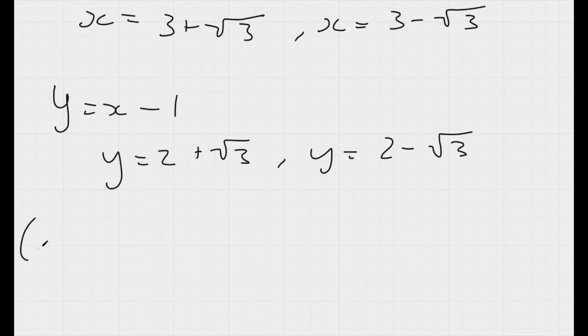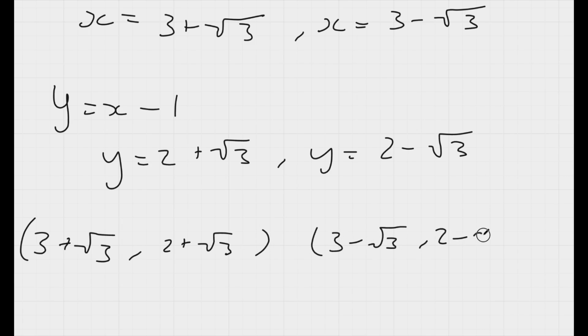And that gives the final coordinates as 3 plus root 3, 2 plus root 3, and 3 minus root 3, 2 minus root 3.